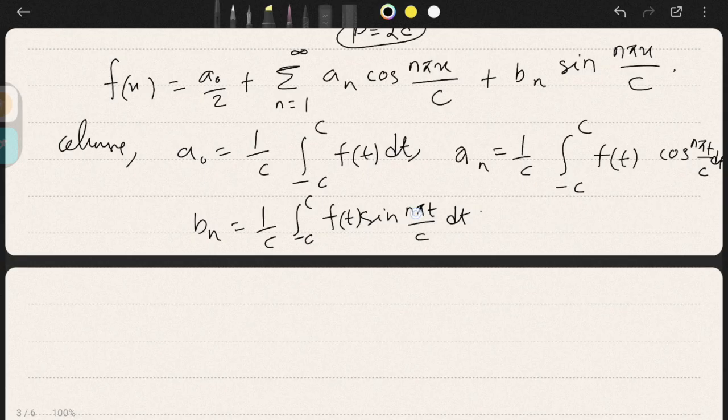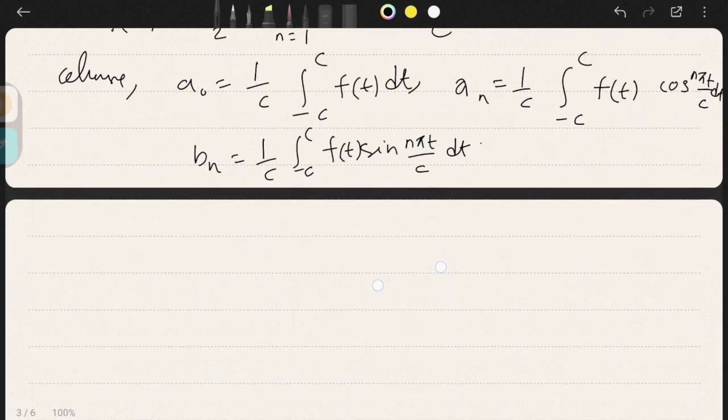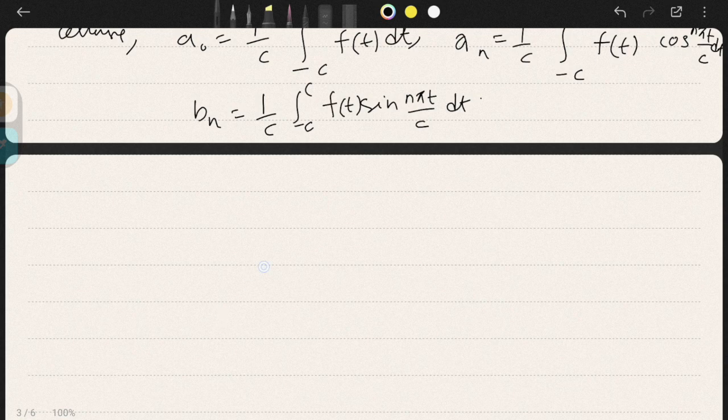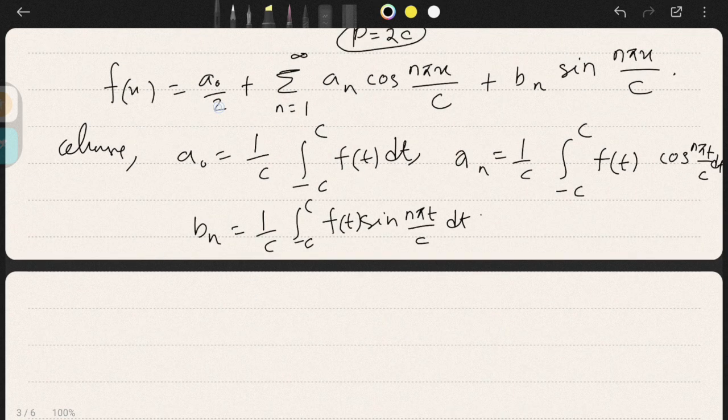So now let's put these values of a naught, an and bn in the above equation, let's call it equation 2.